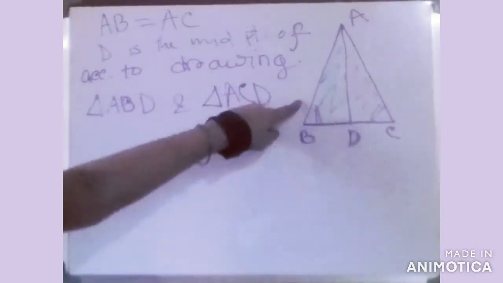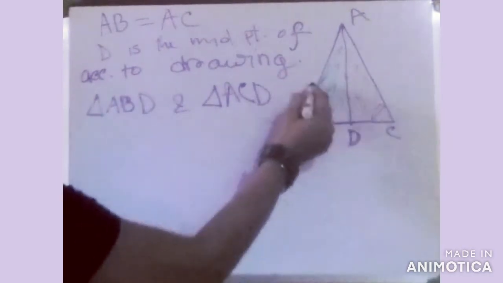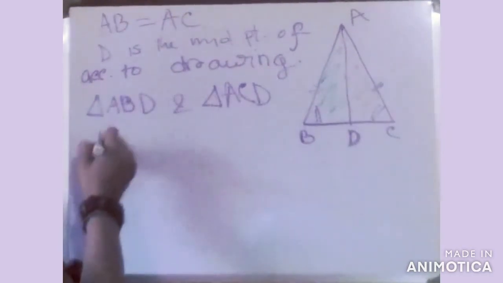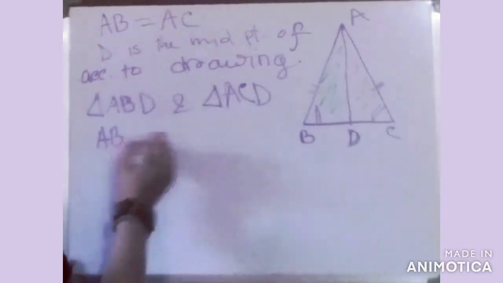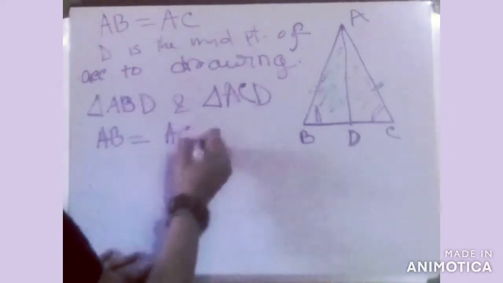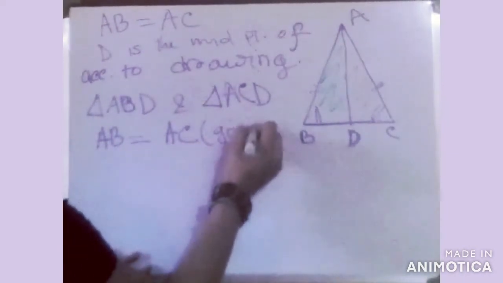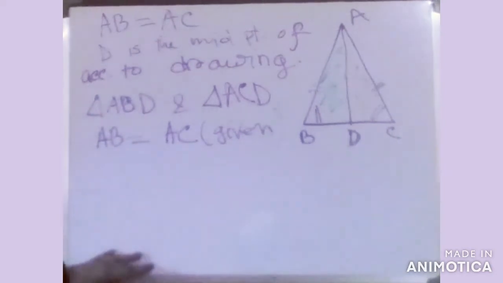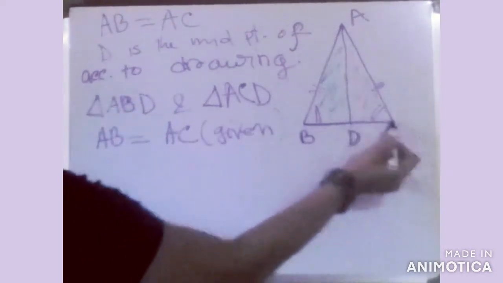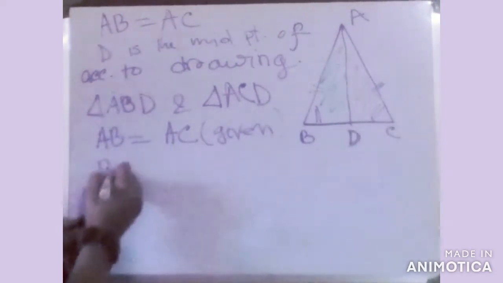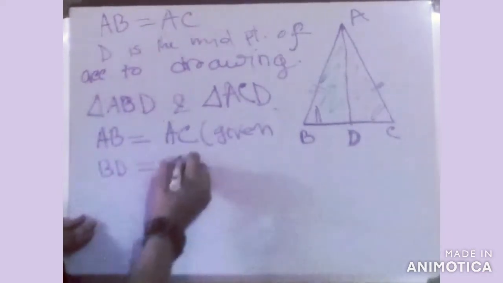We are getting AB is equal to AC. It is the given condition. And BD is equal to CD, as per our drawing.